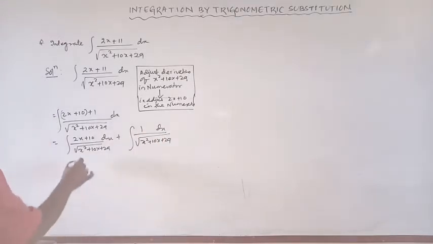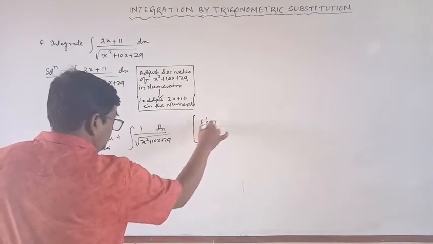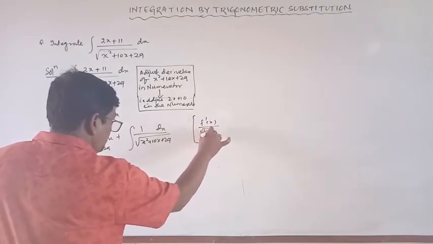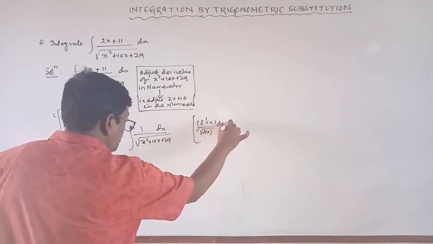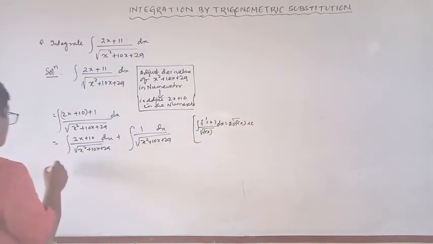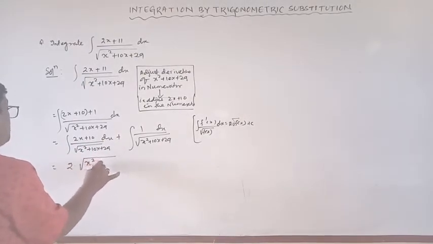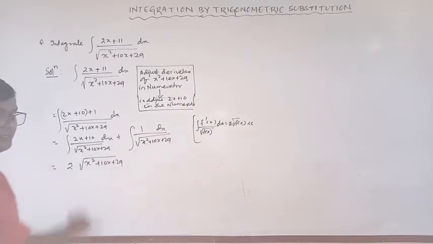Clear? Here which formula? This is the formula: f dash x by root over fx dx is equal to 2 into root over f of x plus c. So this is 2 into root over x square plus 10x plus 29. Clear?